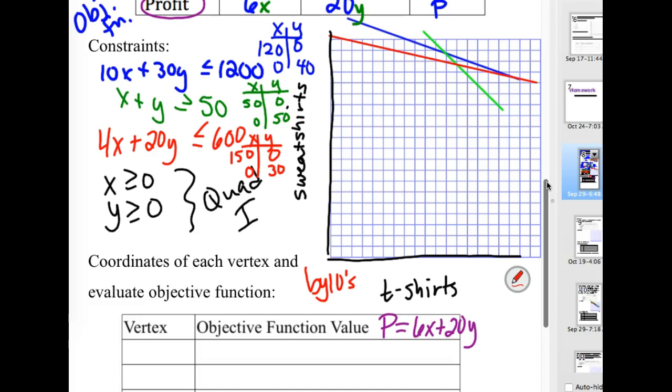All right. So our blue one, we need 120 for x. That means 12 tick marks. All right, and then we need 40 for y.